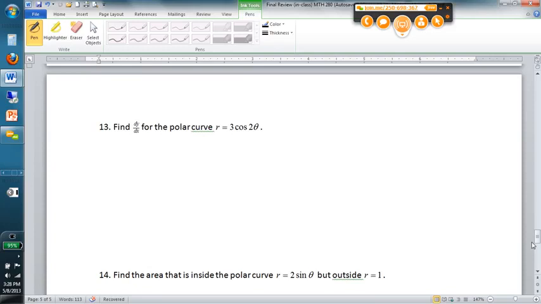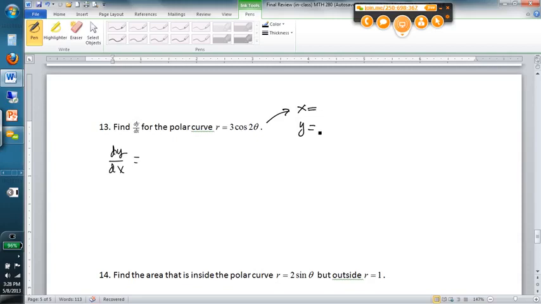What about dy/dx for a polar curve? Well, for a polar curve, we're kind of going to do it just like we did the parametric. Can I write this in a parametric mode? What is x in polar?